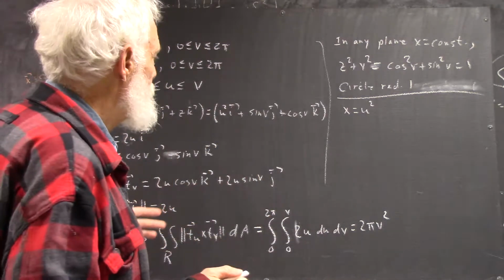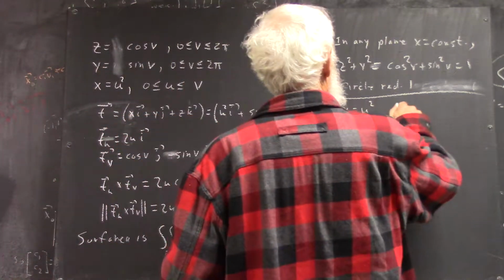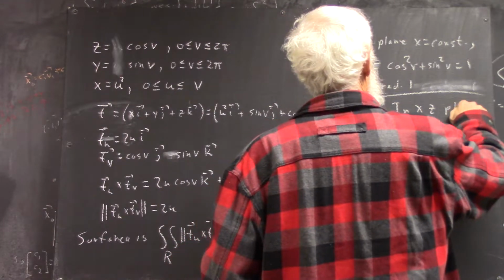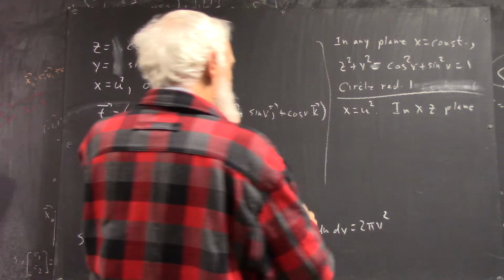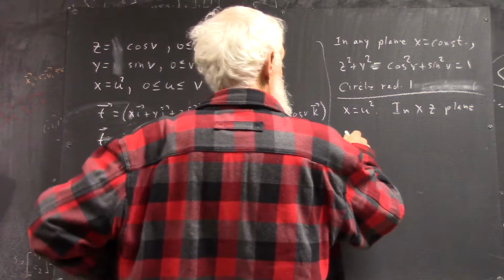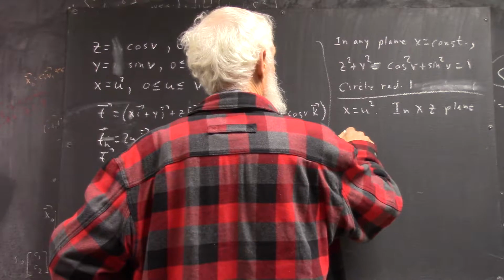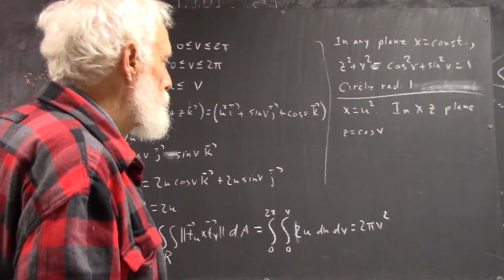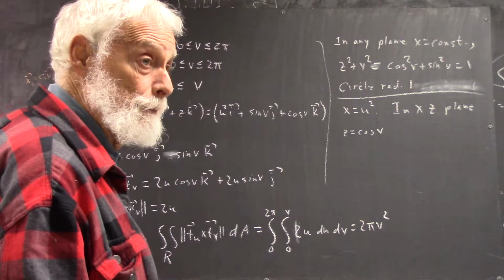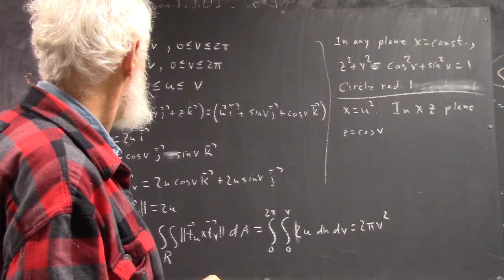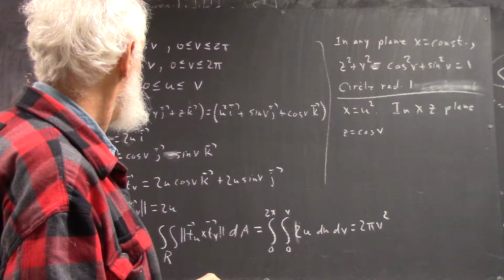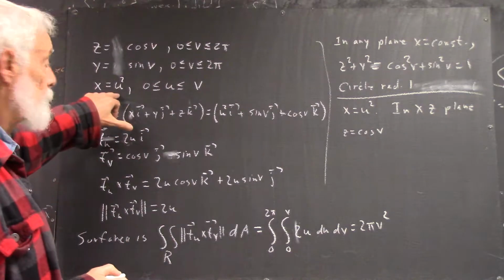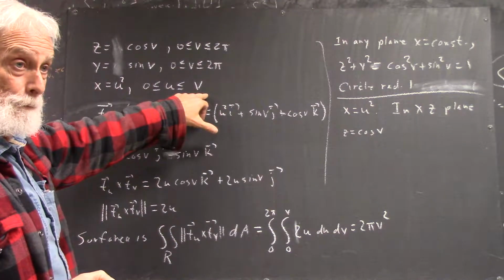That's not quite right because in the xz plane, you have z equals cosine v, okay? And you have x equals u squared, where u goes from 0 to v.